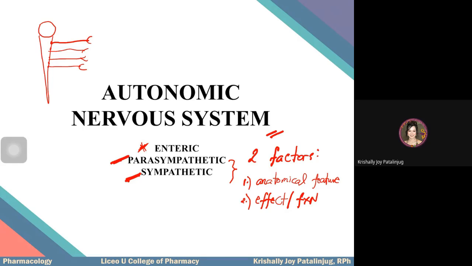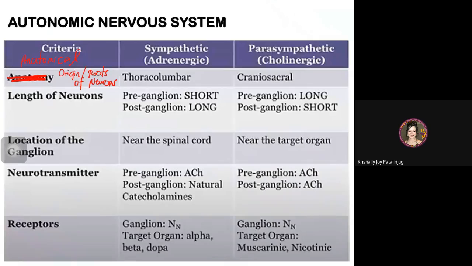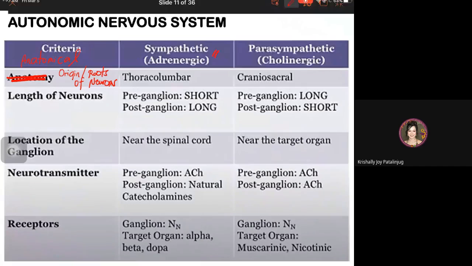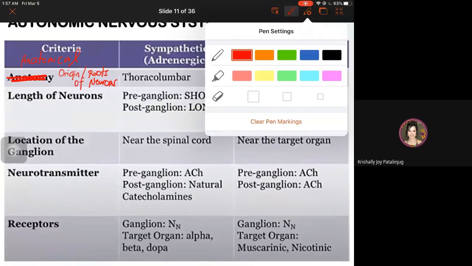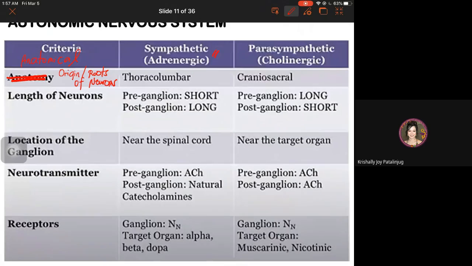So, for instance, kapag sinabing sympathetic nervous system, yung mismong sympathetic neurons, yung origin nila ay rooted in the thoracic region and in the lumbar region of the spinal cord. That is why in some other references, sympathetic nervous system is also known as thoracolumbar nervous system.